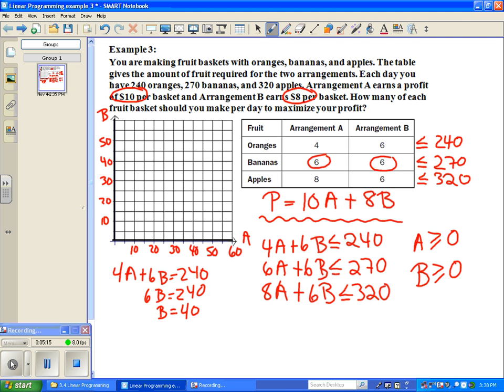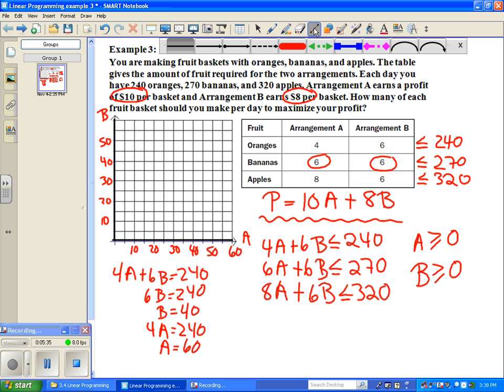Likewise, if we plug in 0 for B, we get 4A equals 240, and therefore A is equal to 60. So here are our two intercepts. Let's graph our line. On the A-axis we have 60, and for B the intercept is 40.